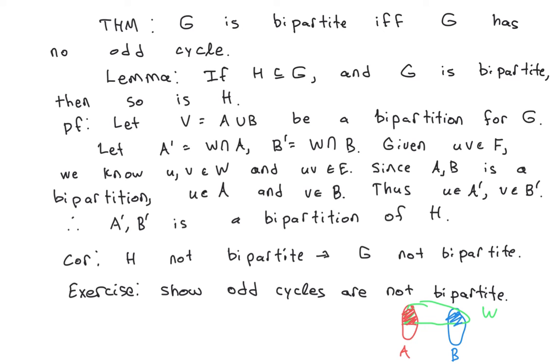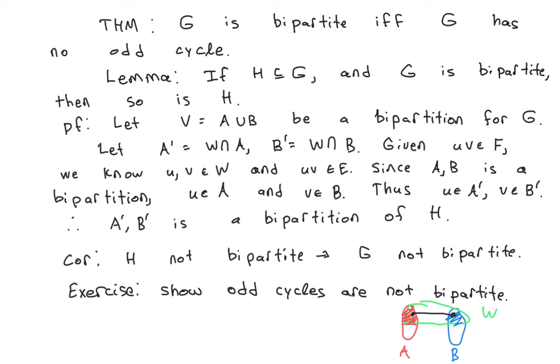And how do you show this? We'll take any edge in the subgraph, UV. Since it's an edge from the subgraph, it's also an edge in the original graph. Since AB was a bipartition, it has to have one endpoint in A and another endpoint in B. But since it's also an edge in the subgraph, the 2 endpoints of the edge have to lie inside W. So this is the only way you can draw the picture.